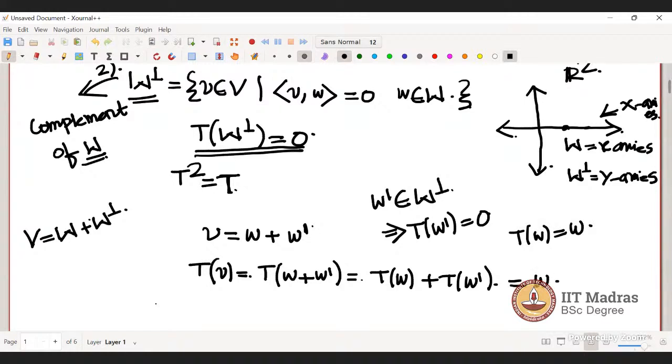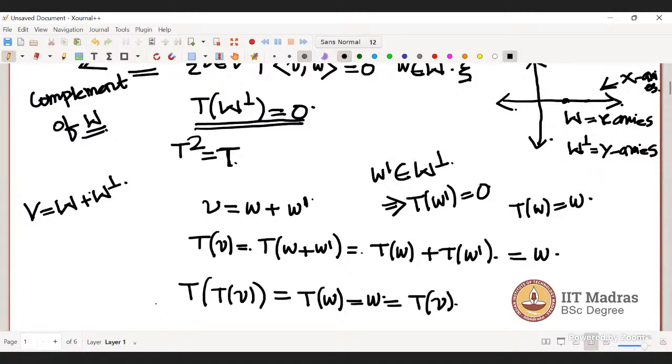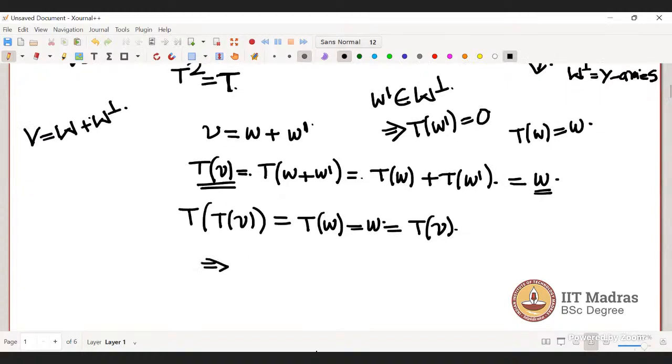So again, if you apply T, what you will get? T of W, and again, T of W is W, right? So this is nothing but T of V, and T of V is W. So basically what we got?